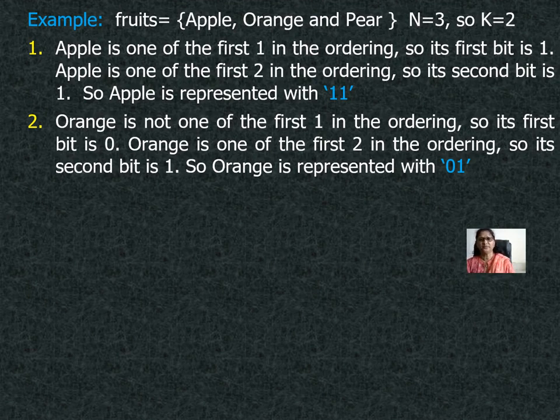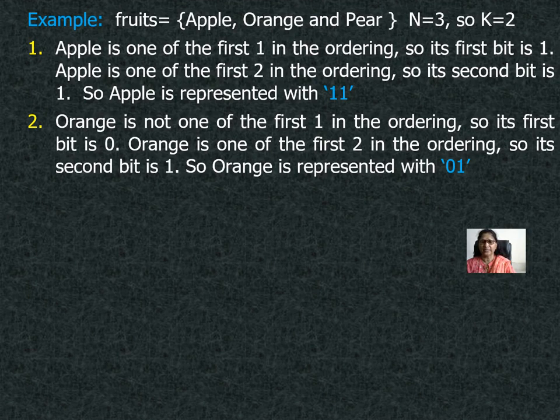Now let's consider the first member, that is apple. Apple is the first member in the ordering, so its first bit will be set to 1. And apple is one of the first 2 in the ordering, so its second bit will also be set to 1. So apple will be represented as 1, 1.